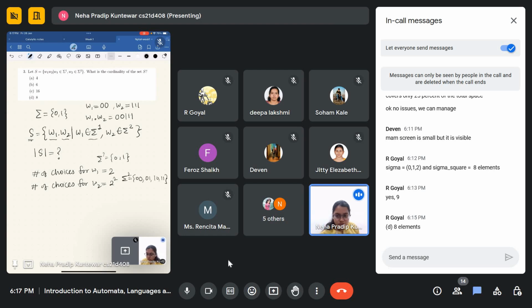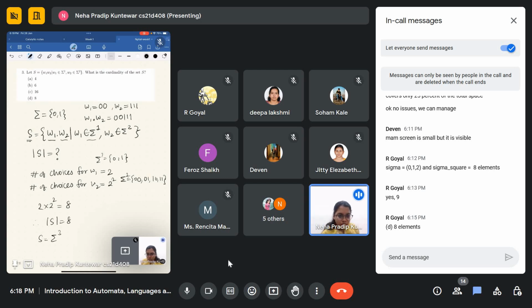Since you have two choices for W1 and four choices for W2, and these are independent of each other, the number of strings you can form is 2 into 2 square, which is 8. So the size of this set S is 8, and S is nothing but sigma 3. I hope that's obvious, right?